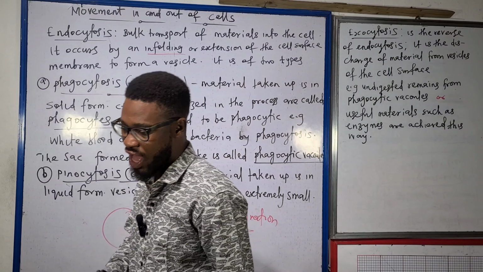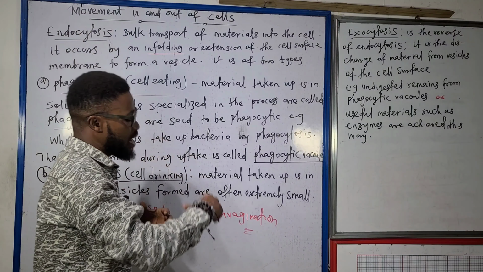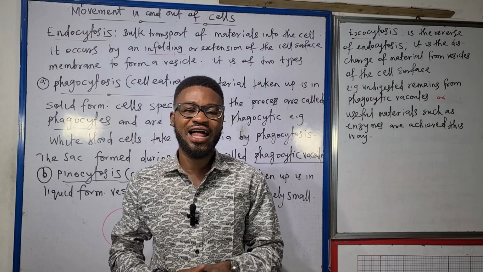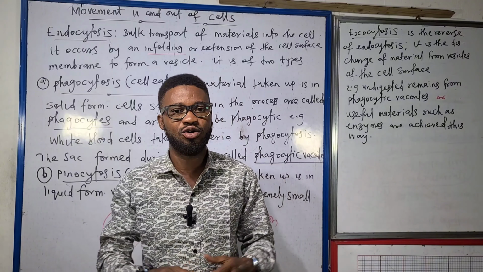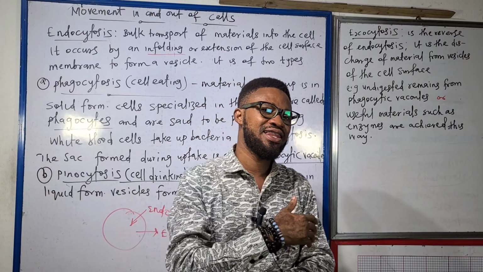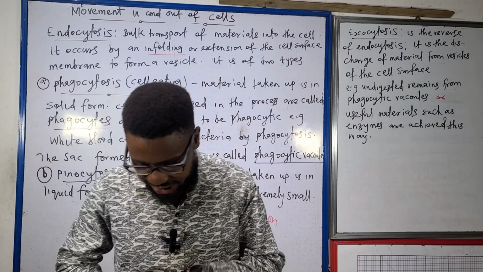And with that, we have come to the end of this topic, talking about movement in and out of cell, or what we call cell and its environment, or more specifically transport across the cell surface membrane. And that ends everything about cytology, everything about the cell.